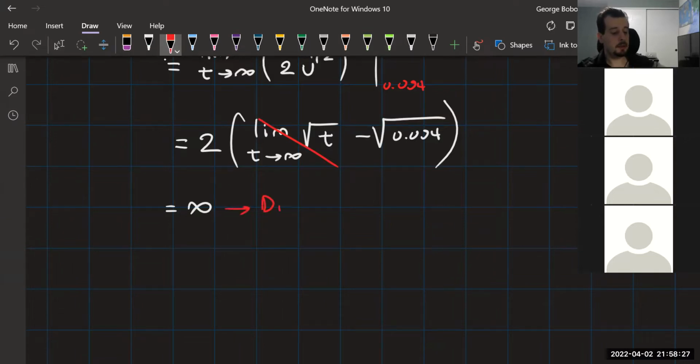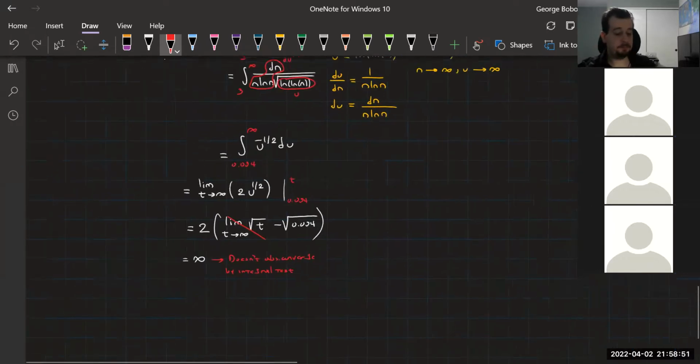Okay. Diverges by integral test. Or, because we're still here, doesn't absolutely converge by integral test. Fair enough.